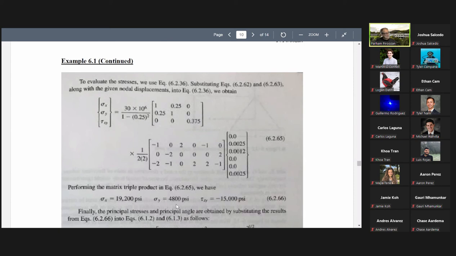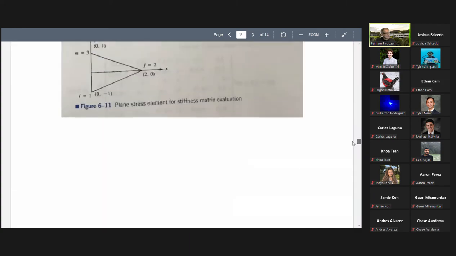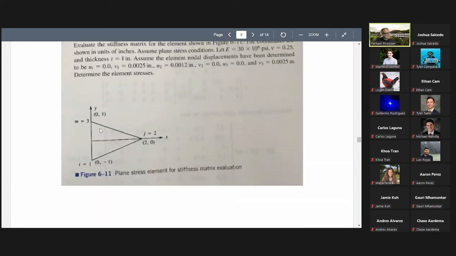As you see, these stresses are constant. What do these stresses mean? Where is this 19,200 psi? Sigma x is 19,200. On this element, where? Here at this node? At this node?